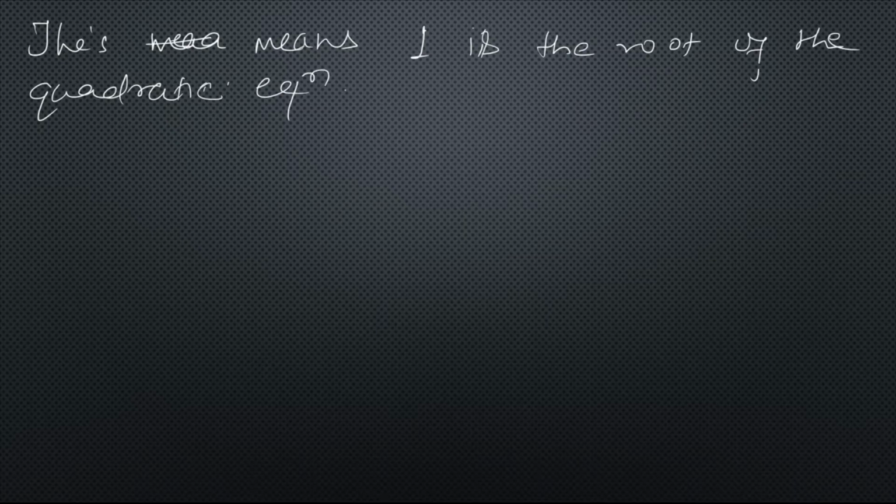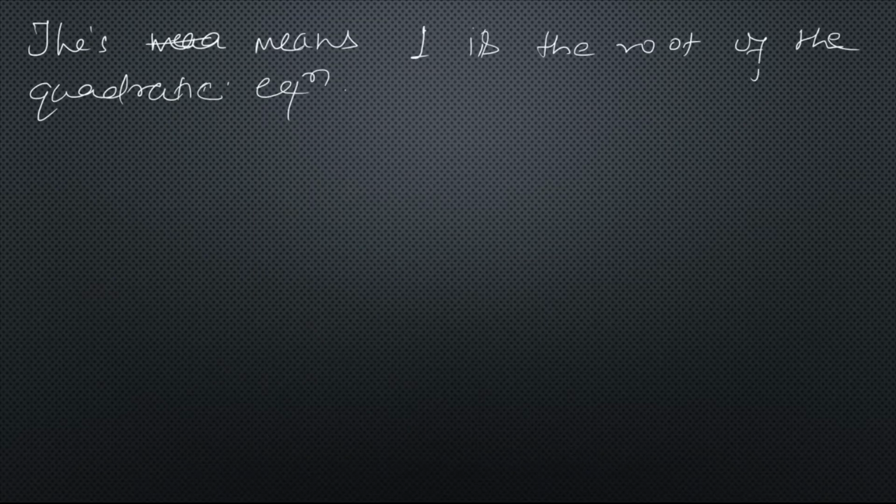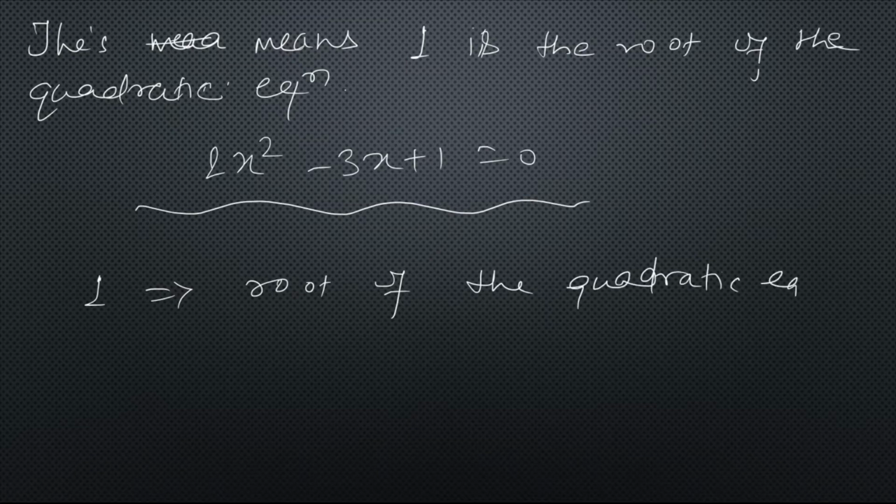Which quadratic equation? This quadratic equation, 2x square minus 3x plus 1 is equal to 0. Okay. So, 1 is called a root of the quadratic equation.